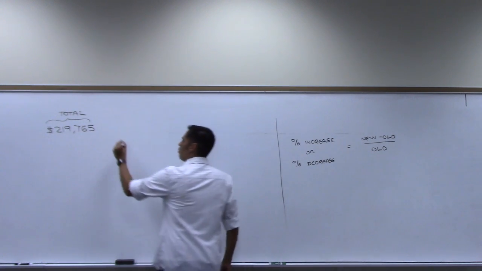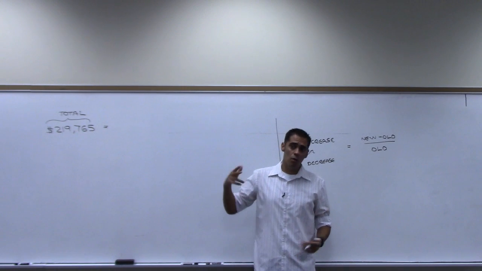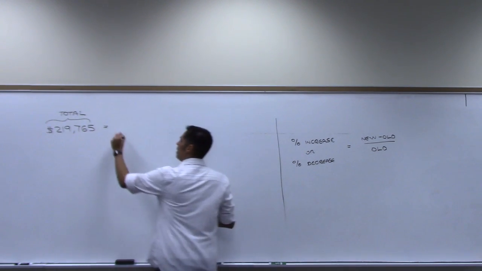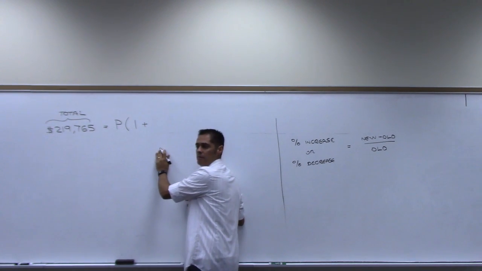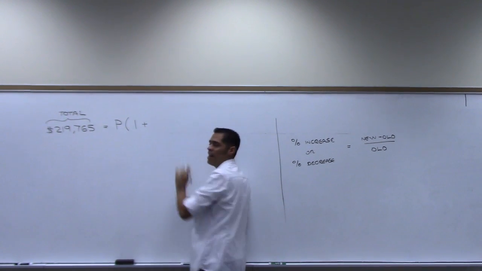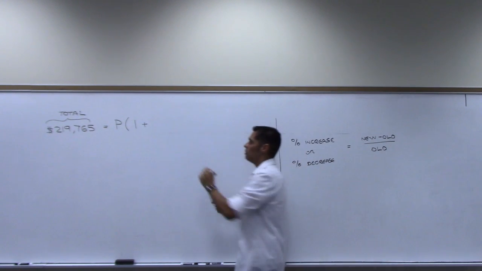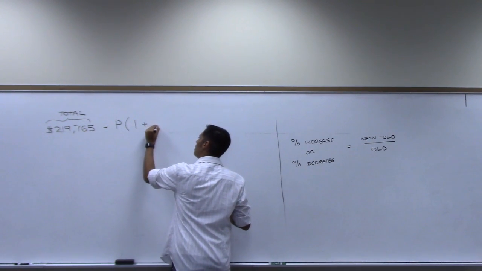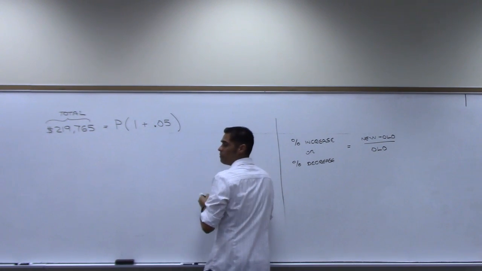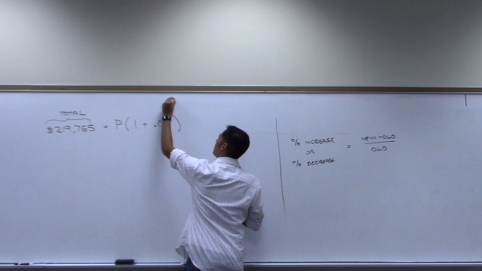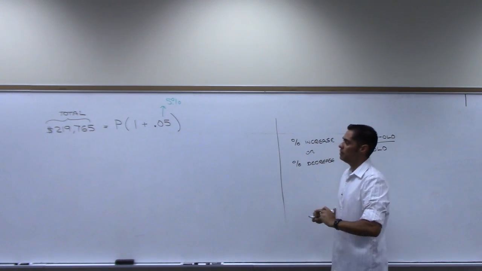So we know that the total must equal P plus P times tax rate, or I could write P times 1 plus tax rate. And what was the tax rate here? 5%. Converted to a decimal? 0.05. Does everyone understand that? This right here was the 5%. There's your decimal point, 2 places to the left, 0.05.